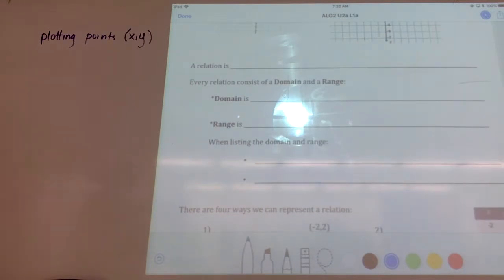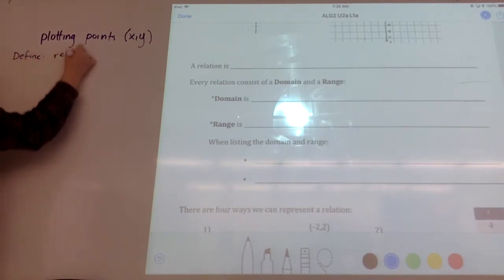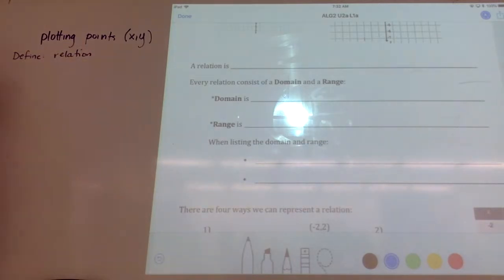First thing we have is the definition of a relation. So, first thing, relation. Okay? A relation is simply a set of ordered pairs.